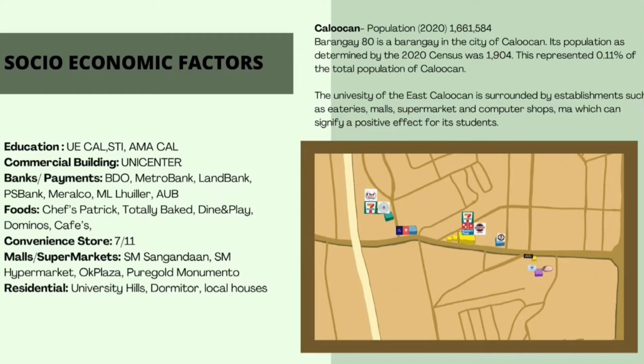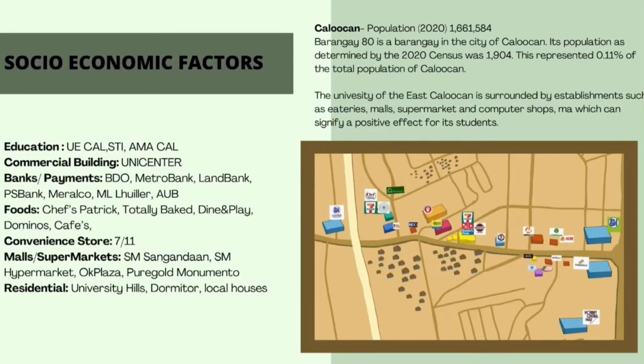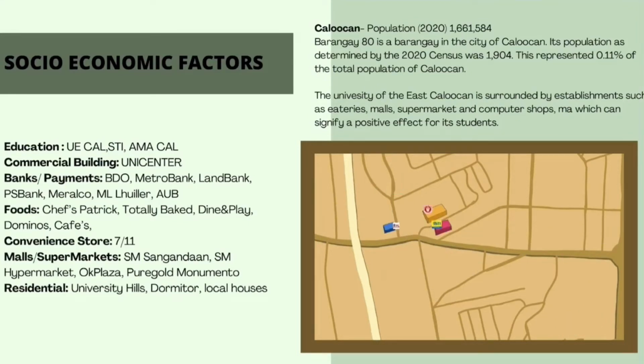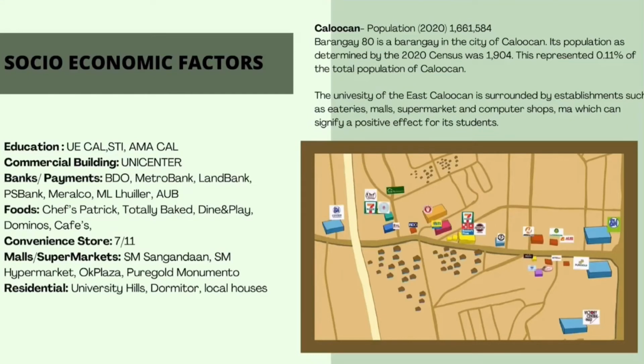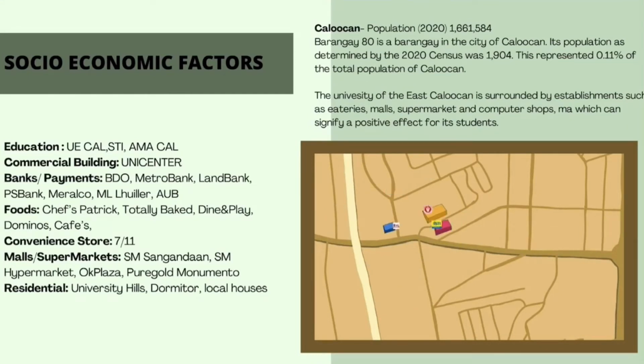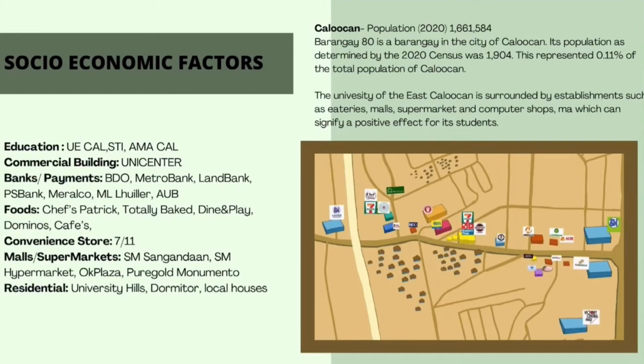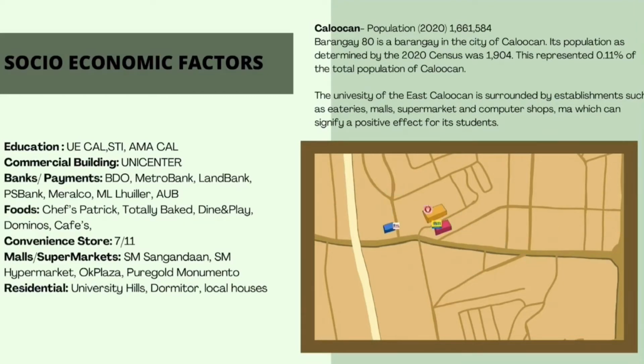The SM Sangandaan is nearby to the university. It also helps the students in buying school supplies. The SM Hypermarket, Okay Plaza, and Virgil Monumento are way too far from the university, although the jeepney from the UE is passable to the supermarkets.